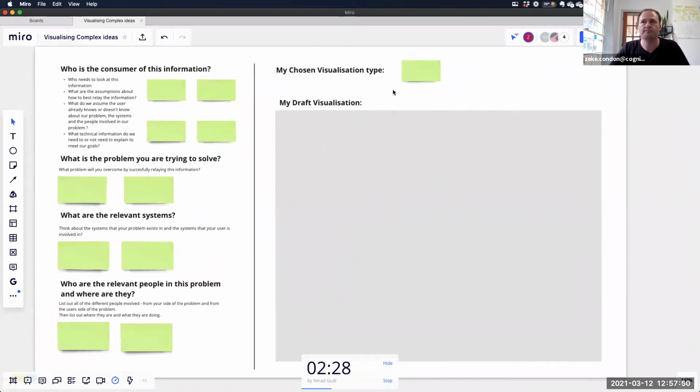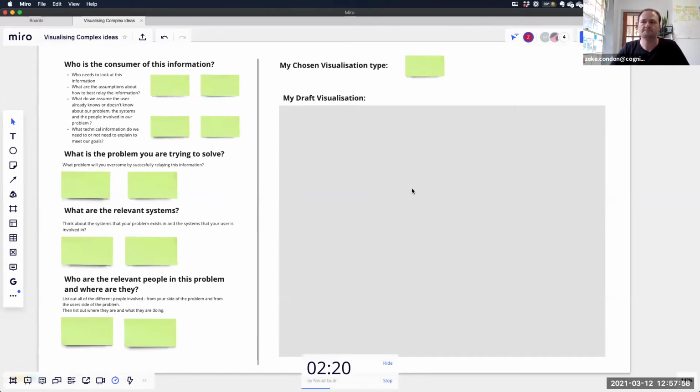And then using that information, allowing you to decide your visualization type, and then just putting a mock of it down on paper.